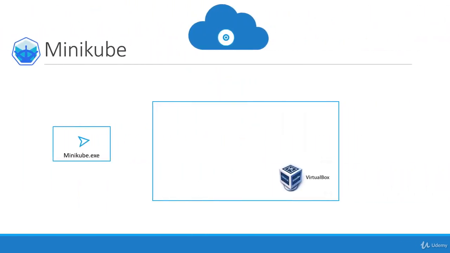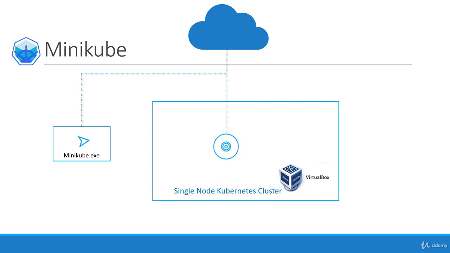Now, you don't have to download it yourself. Minikube provides an executable command line utility that will automatically download the ISO and deploy it in a virtualization platform such as Oracle VirtualBox or VMware Fusion. So you must have a hypervisor installed on your system. For Windows, you could use VirtualBox or Hyper-V, and for Linux, you could use KVM.